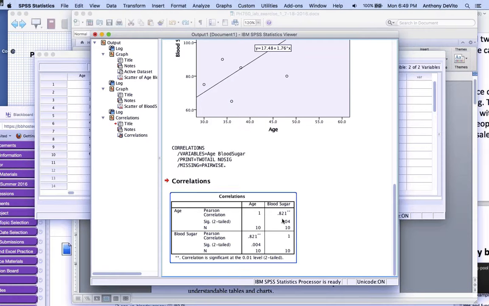Now, you could get a correlation of 0.1, which is not a very good association, but still see it as statistically significant. What does that tell you? Well, it tells you there's an association. It's not a strong association, but it's not due to chance either. So there are a few ways we could interpret this chart. Now notice it does exactly the same thing in the opposite direction, comparing blood sugar to age, and gets the same result. So now, what do you think the chart would look like if this came out to be a negative 0.821?